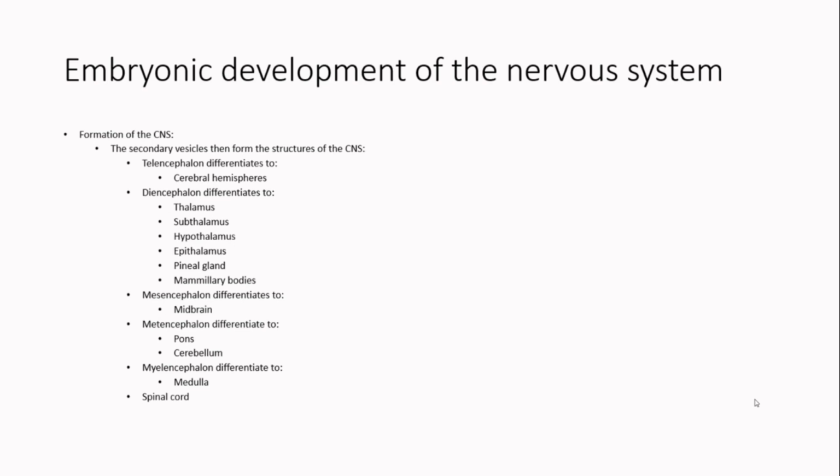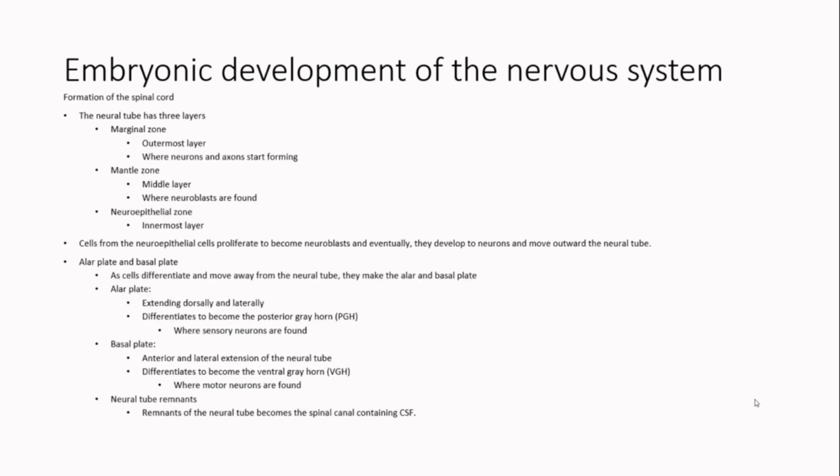The mesencephalon will stay the same through the primary and the secondary vesicles, and then it will differentiate into the midbrain. Then we have the rhombencephalon, which divides into the metencephalon and myelencephalon. The metencephalon will differentiate into the pons and the cerebellum, and then you have the myelencephalon, which differentiates into the medulla. Then we have the spinal cord, which we haven't talked about.